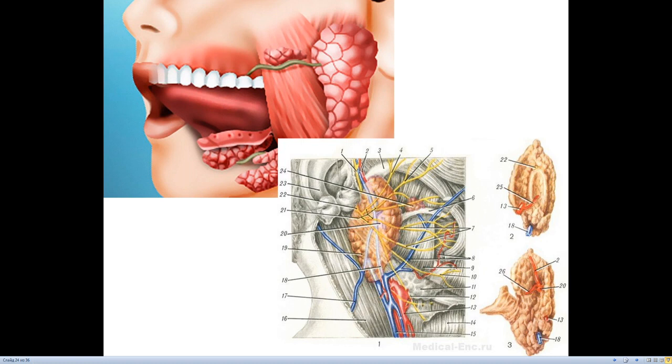The duct curves at an angle of 90 degrees inside, perforates the buccinator muscle and opens on the mucous layer of the vestibule of the oral cavity between the first and second, or sometimes on the level of the second, molar of the upper jaw, or maxilla.